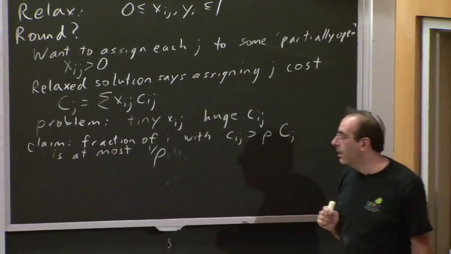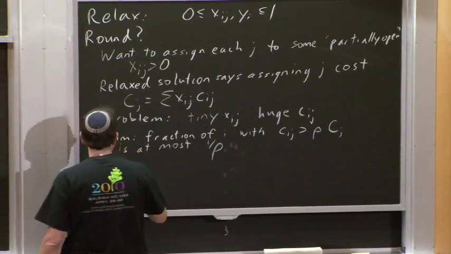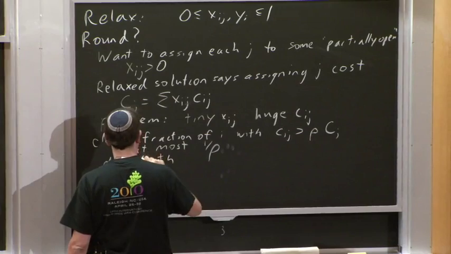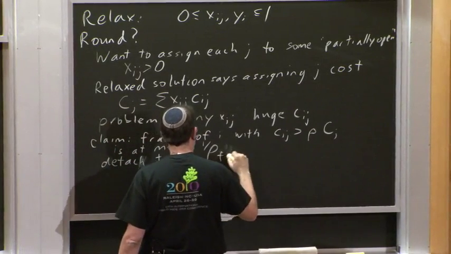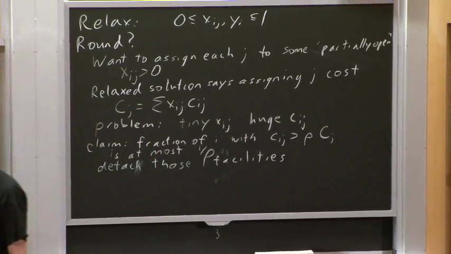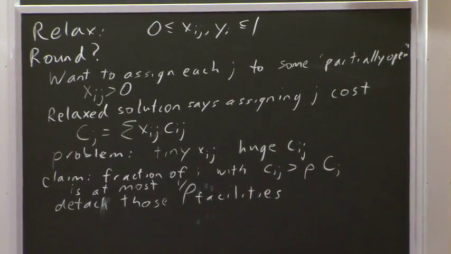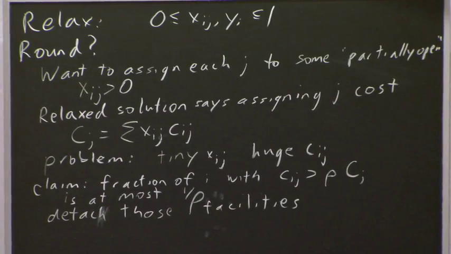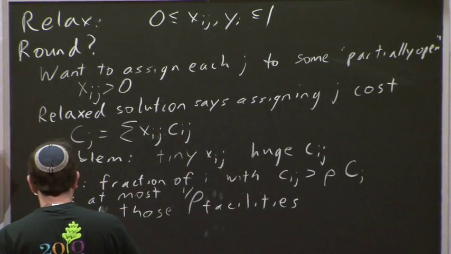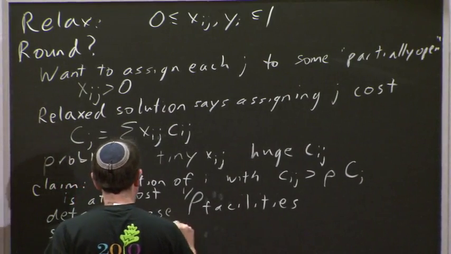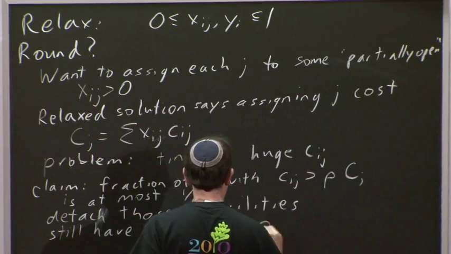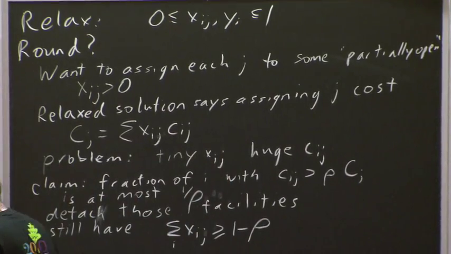Okay. So if I detach those facilities, all those facilities that it's too expensive to reach, just rule them out. Okay. So I still have the sum over i of xij greater than or equal to 1 minus 1 over rho.